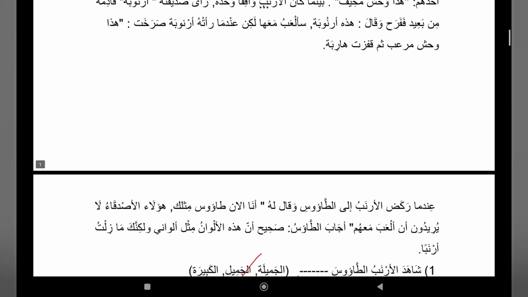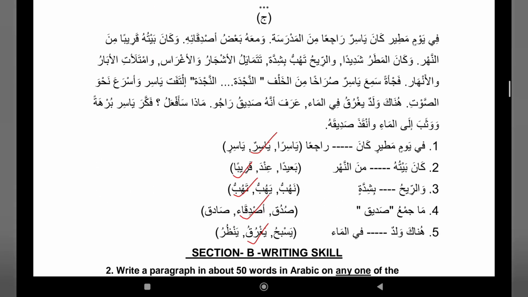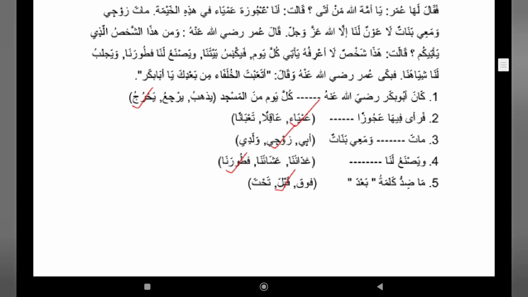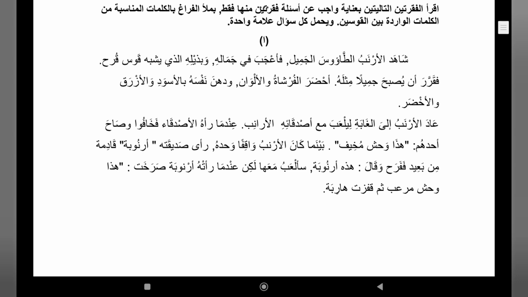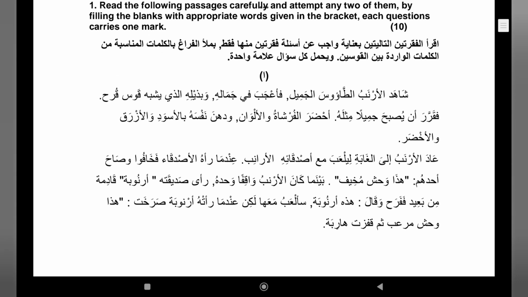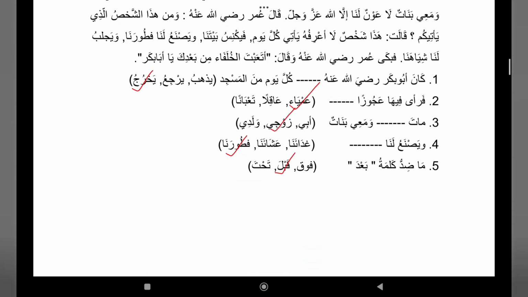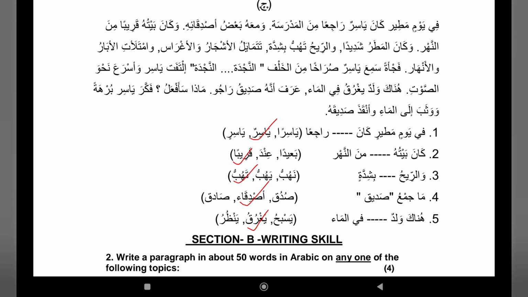Here we have 3 paragraphs, and 5 types of questions for each. It's optional. You have to write only one, either alif, ba or jim.